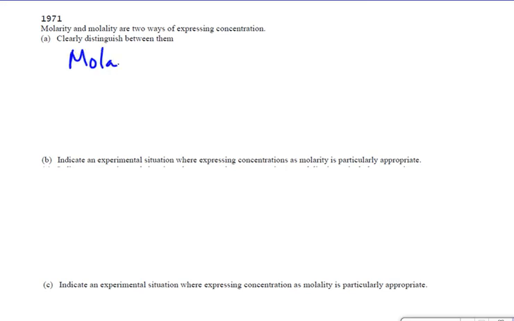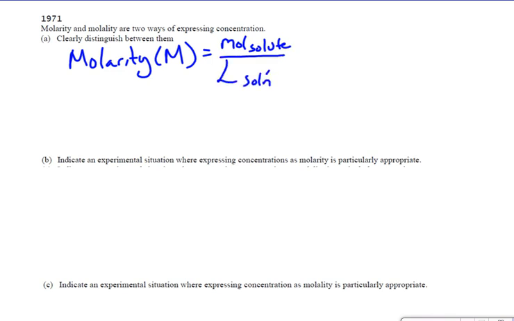Molarity, symbolized with a big capital M, is moles of solute per liter of solution. You can abbreviate solution SOL'N. It's a well-known abbreviation.